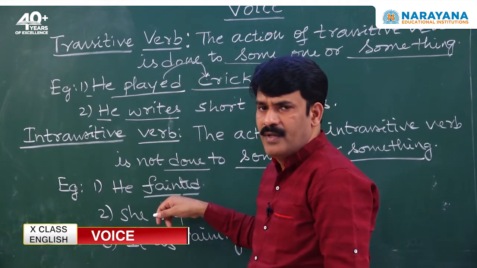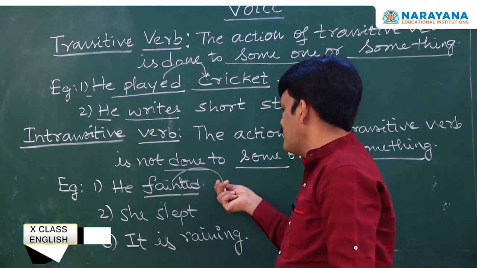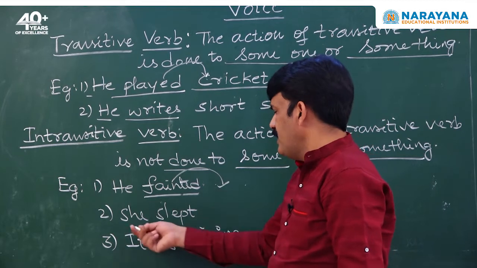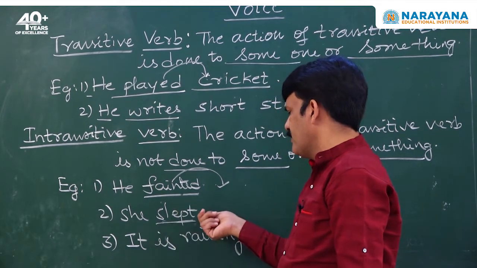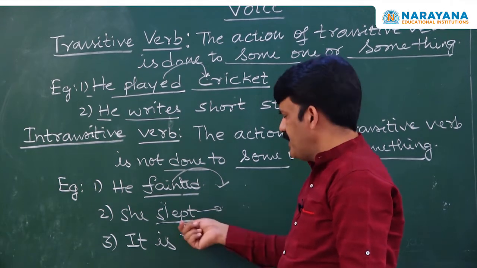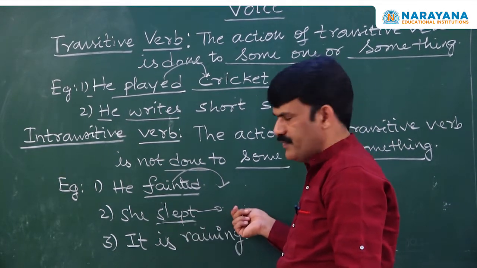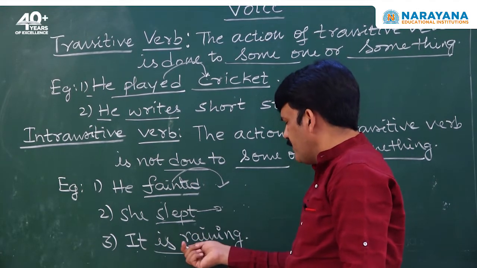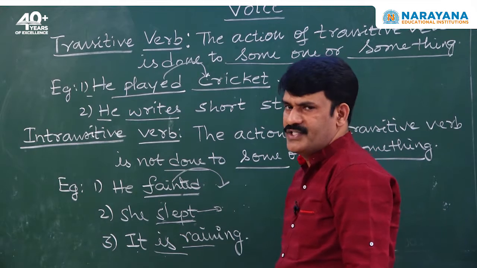This is the verb, but the result is not passed on to somebody or something. Similarly, she slept, but there is no object to receive the result, and it does not require an object. It is raining. So rain is also an intransitive verb.